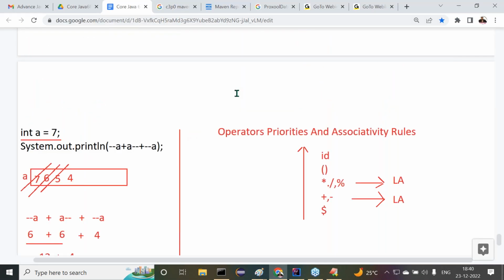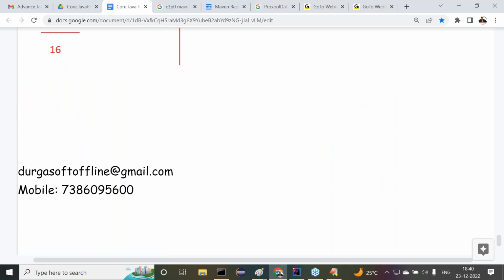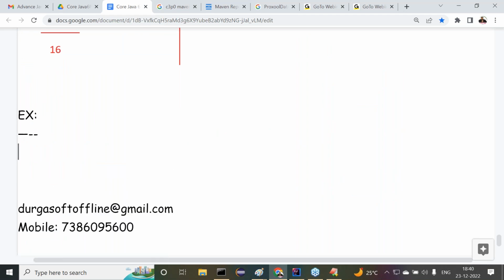After understanding these points, next example. This time we have to evaluate the example properly.